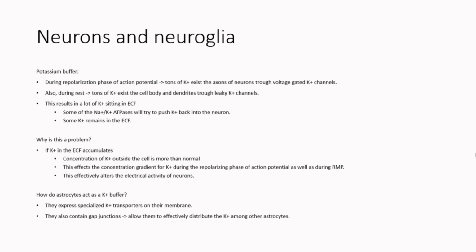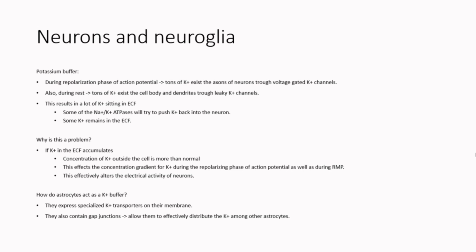Then we already mentioned that the astrocytes have this potassium buffer function, and when we go through the repolarizing phase of the action potential, this will open up these voltage-gated potassium channels, and we will have an efflux of potassium.